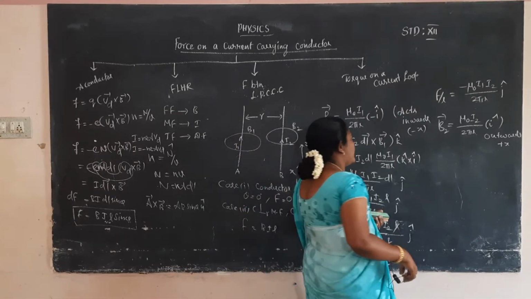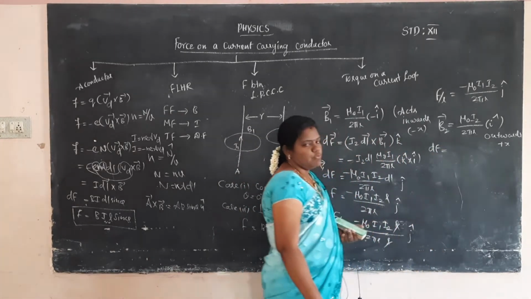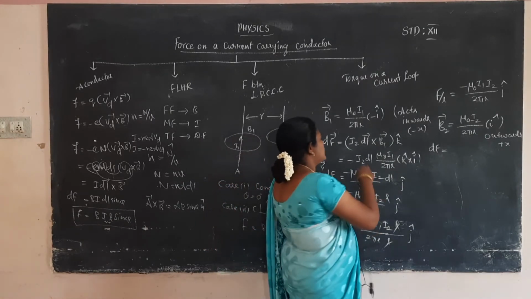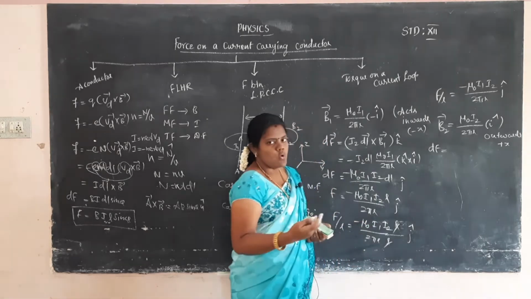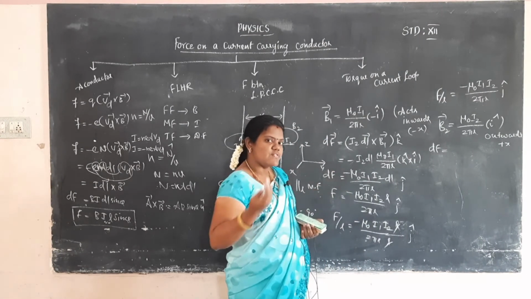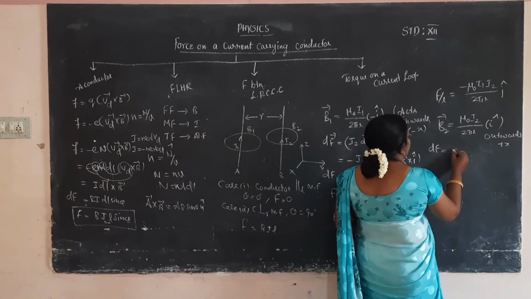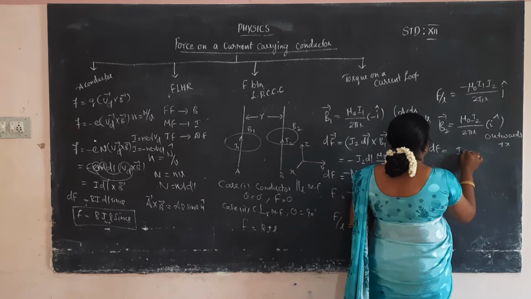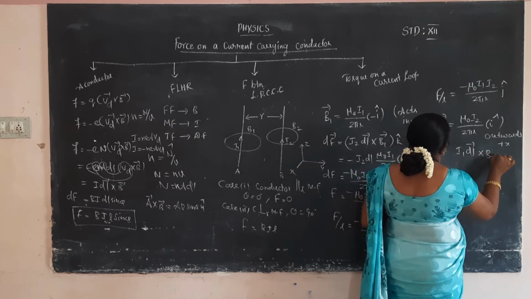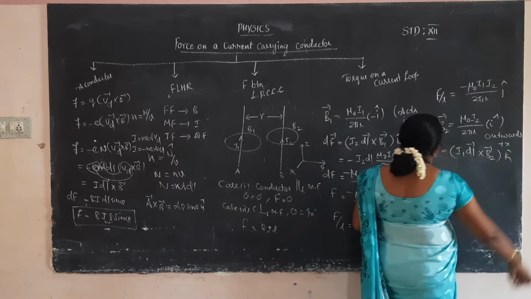Now we want to calculate the force acting on the conductor. dF is equal to I1 dl vector cross B2 vector. The magnetic field created by the second conductor applies the force on the first conductor, so dF is I1 dl vector cross B2 vector, with k cap.